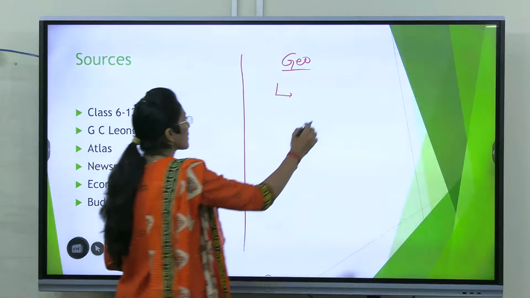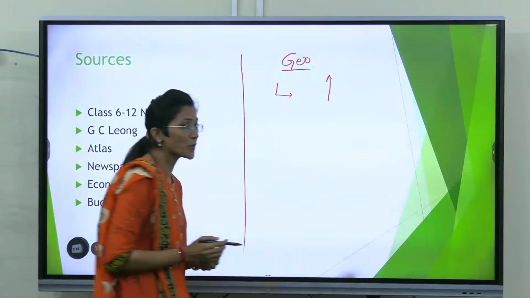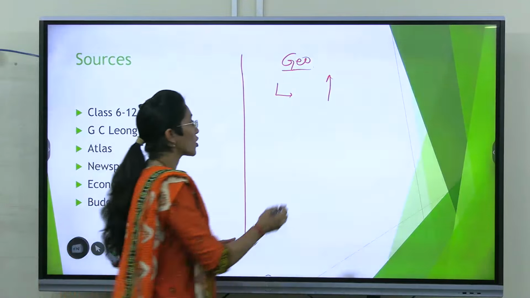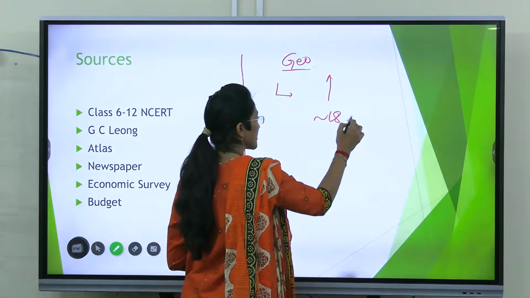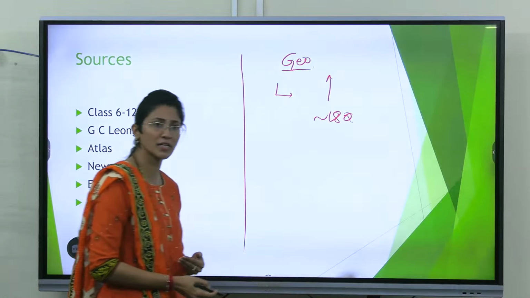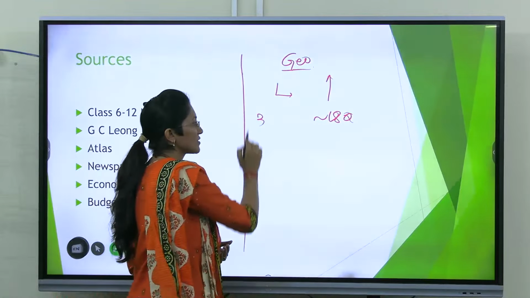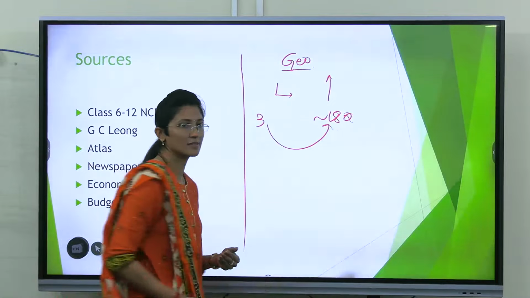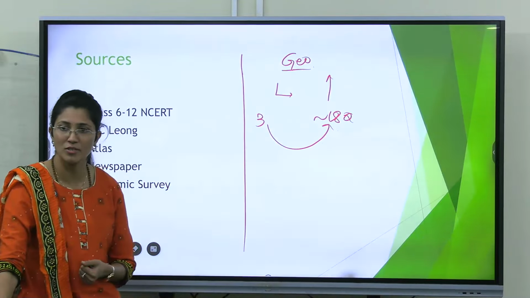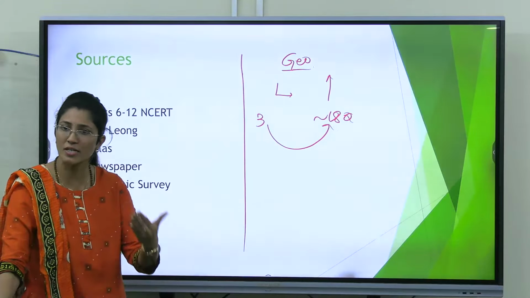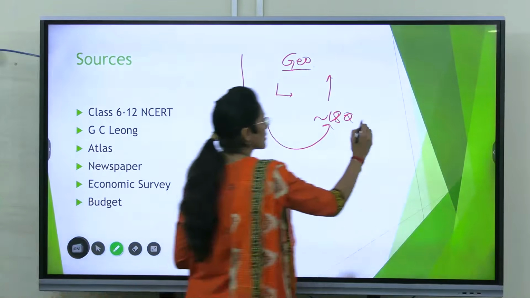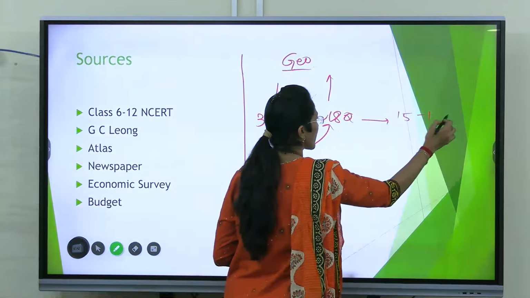Increasing. How many questions were asked in 2025? Approximately 18 questions. In 2020, hardly 3 questions were asked. 3 to 18. That's a huge leap. So the number of questions from geography is increasing. So we can expect 15 to 18 questions again.